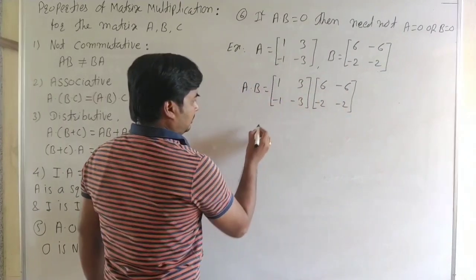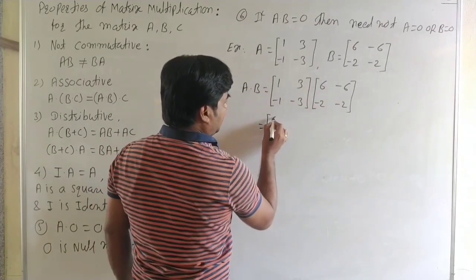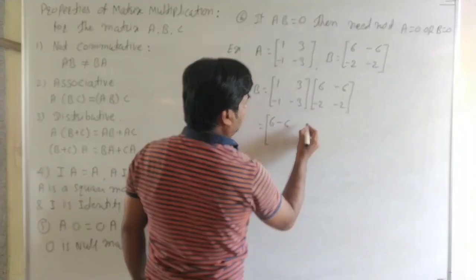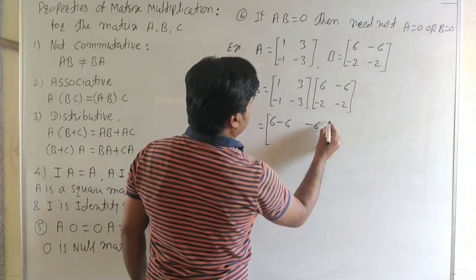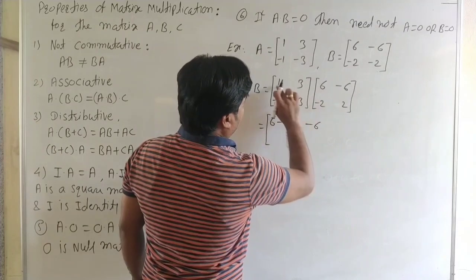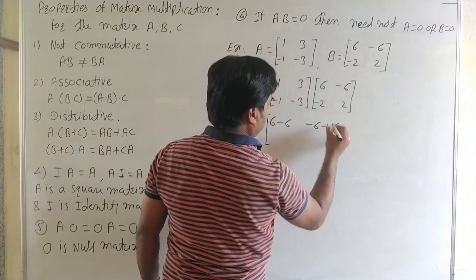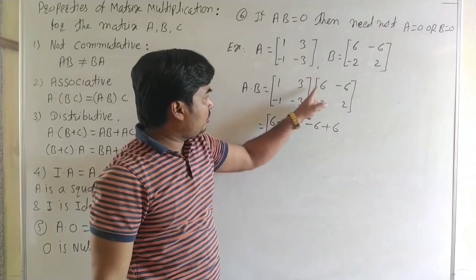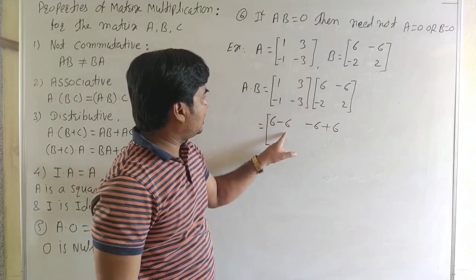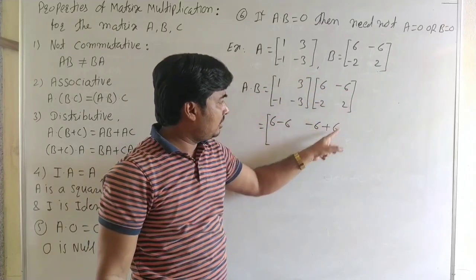Now we take the product of this. First row, first column, it is 6 minus 6. First row, second column, it is minus 6 plus 6.